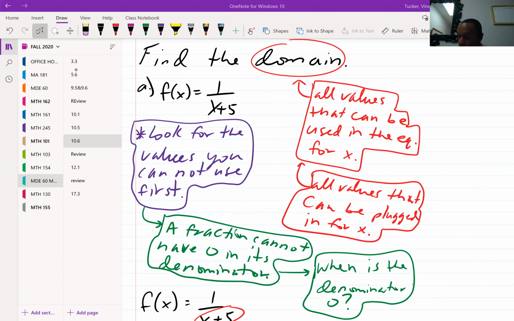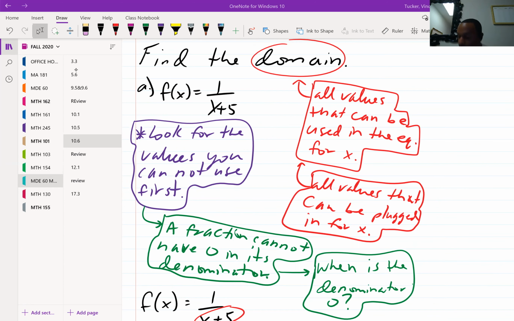To find the domain of a rational expression, in other words, a fraction, rational expression is another word for a fraction, you're going to set the denominator equal to 0 and then solve it. So we're going to take x plus 5, set it equal to 0, and solve for x.